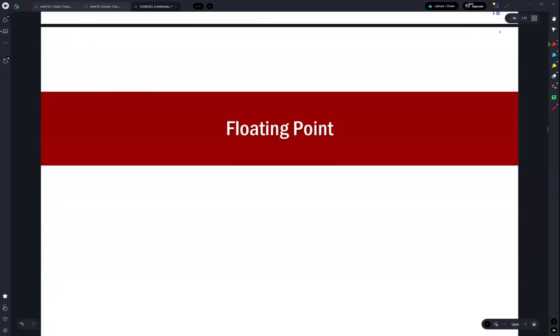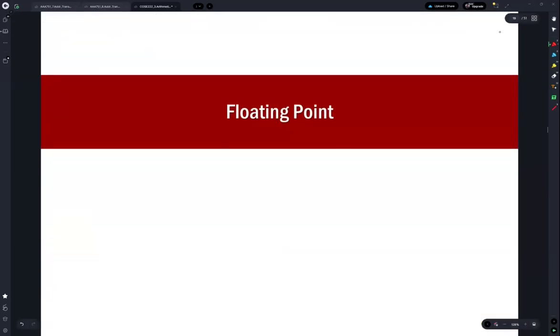As I mentioned in the previous class, now we will learn about floating point. So what is floating point? Like 1.2, this is a real number, right? You know 0 and positive integers are natural numbers, and then the negative integers.